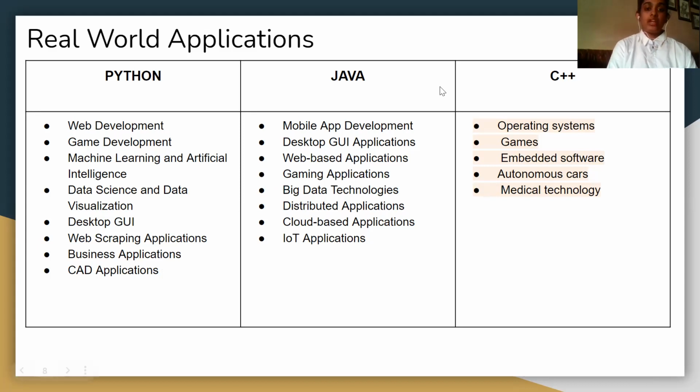For Java: mobile app development, desktop GUI applications, web-based applications, gaming applications, big data technologies, distributed applications, cloud-based applications, and IoT applications. For C++, this is mainly operating systems, games, embedded software, autonomous cars, and medical technology.